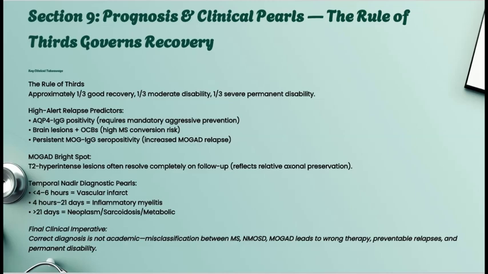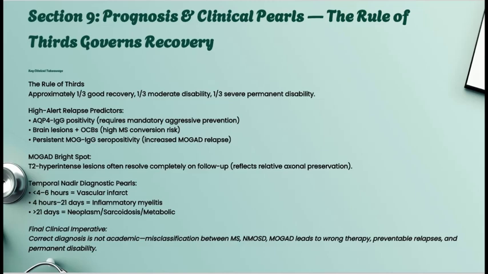These include AQP4 antibody positivity, persistent MOG antibody seropositivity, brain lesions suggestive of multiple sclerosis, and positive oligoclonal bands. One encouraging point in MOGAD is that lesions often demonstrate more complete radiological resolution, reflecting relative preservation of axonal integrity compared with some alternative disorders.